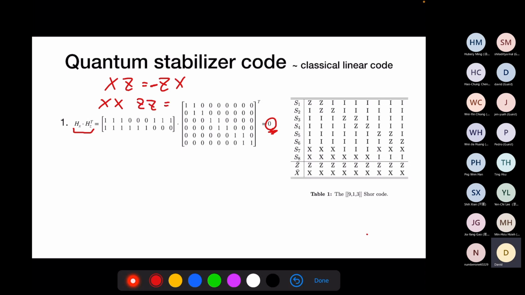So for example, XX and ZZ would commute because they overlap on an even number of sites. More precisely, I can write it this way. X1 is the X operator acting on the first qubit. Z1 is the Z operator acting on the first qubit. And so you see that they need to have an even overlap of number of qubits to make them commute.